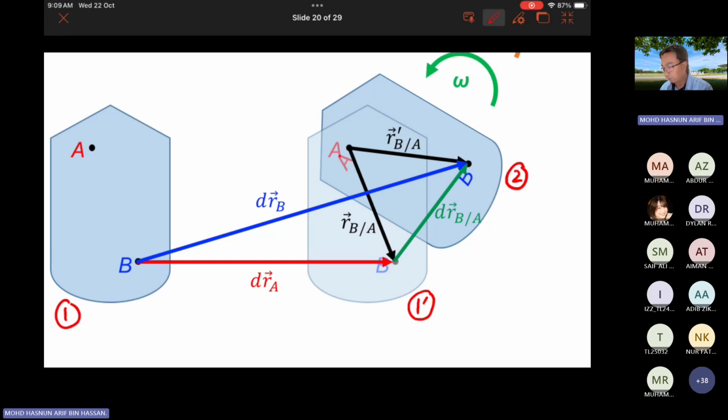So we have DRA at the bottom because it is equal to the top A to A. And then we have the change of position of point B, starting from here. This is point B going to here after rotation, and we call this DRB/A. And then we have the initial position of B with respect to the final position of B. This is called DRB.